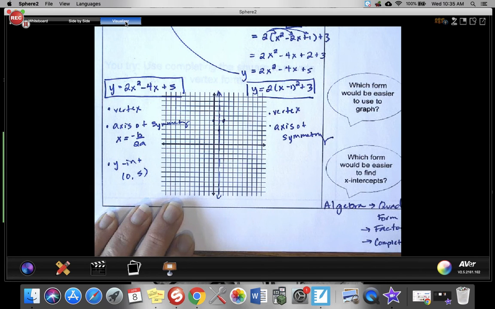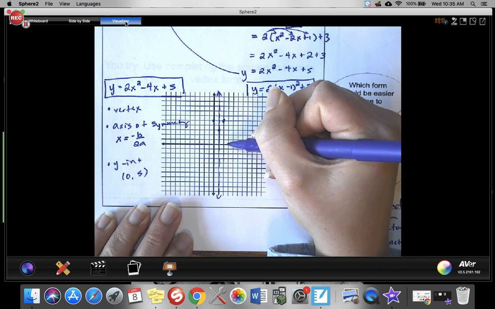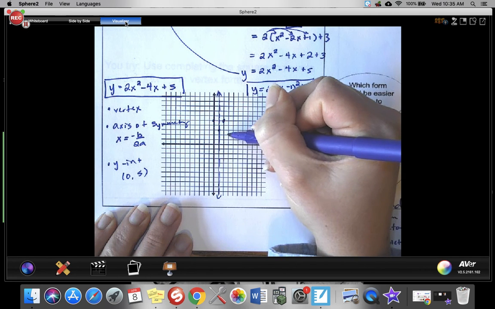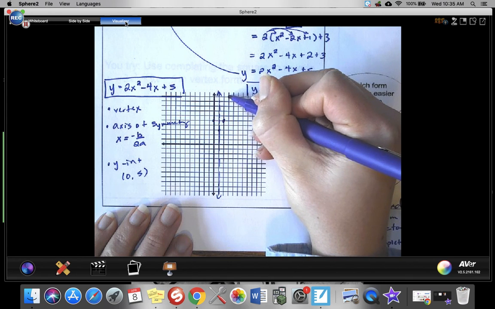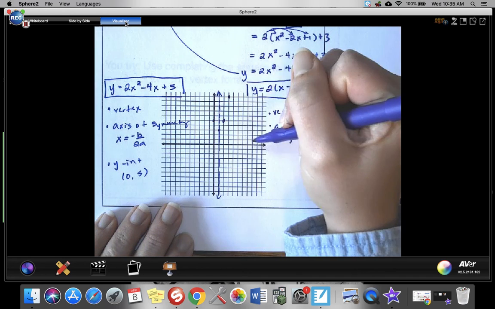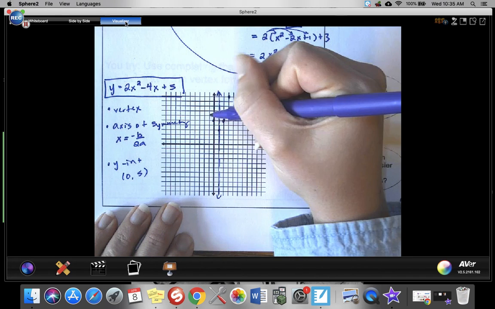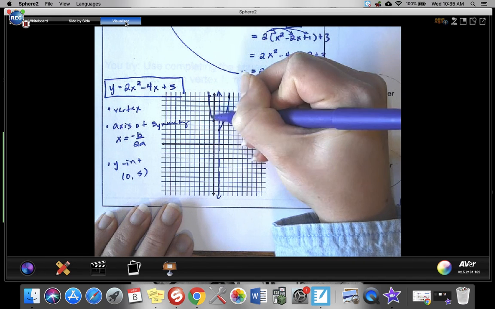From there, I can either use the table feature in my calculator or plug in my own values for x and find appropriate outputs. So I think another point would be 3, and then all the way up top, I think it might be (3, 10). Hopefully I'm right. And then I can reflect that over, but I'm just sketching it out.